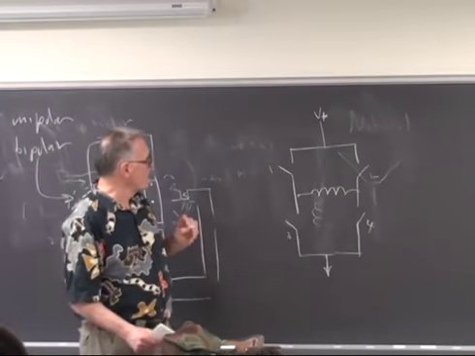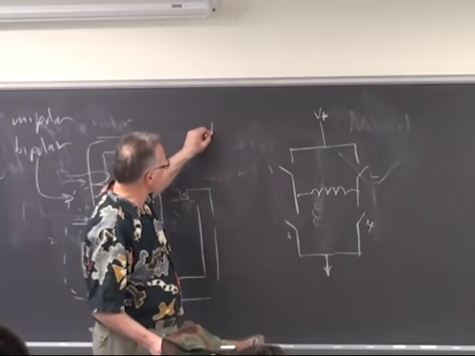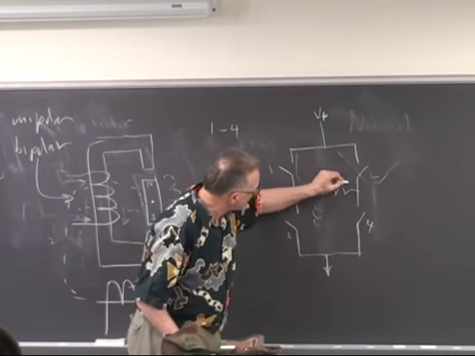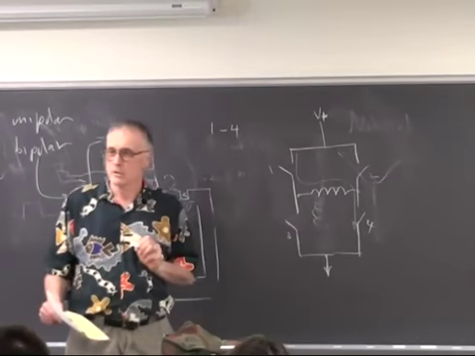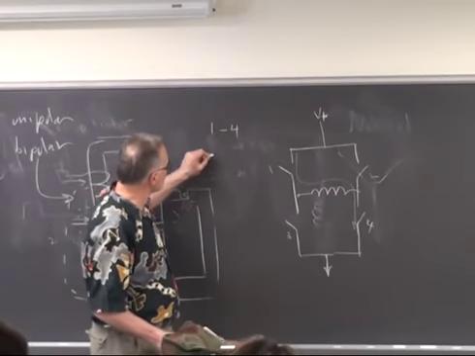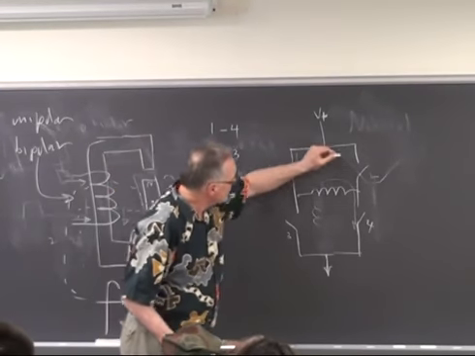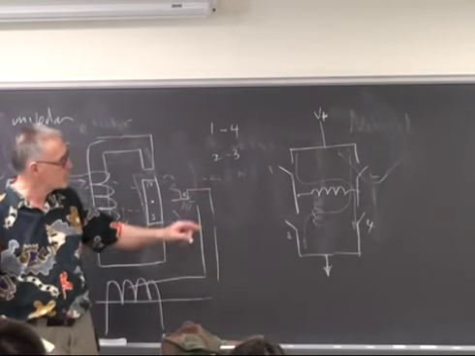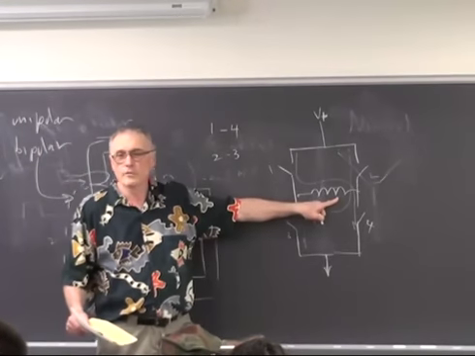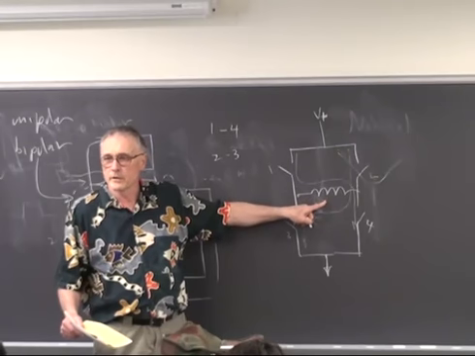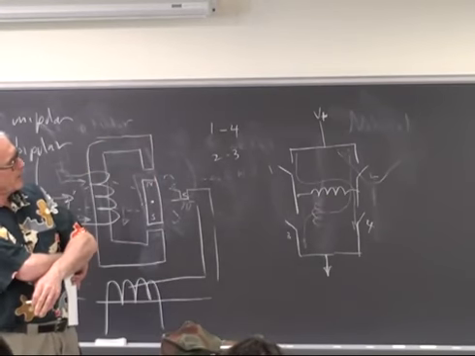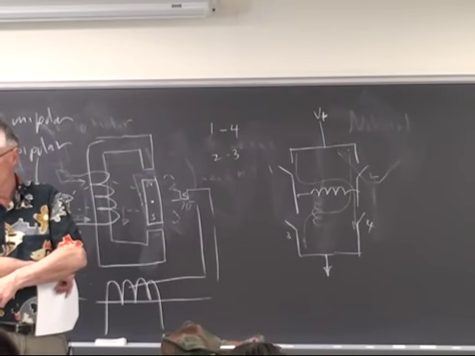If you were to close switches 1 and 4, then you would have current flowing this direction. If you close switches 2 and 3, you have current flowing this direction, and so you can do a full reversal of the current with this device. Because of its shape, it's called an H-bridge.